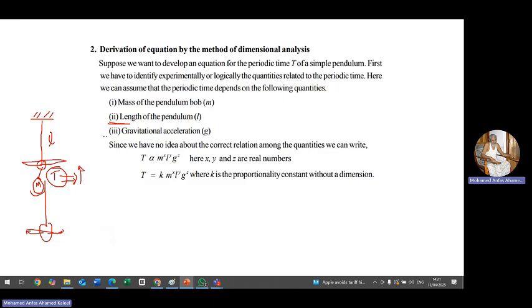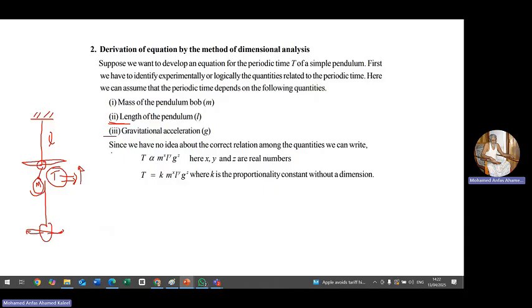So using these three quantities, which are logically related to the periodic time, we will derive the equation for the periodic time of the pendulum dimensionally.